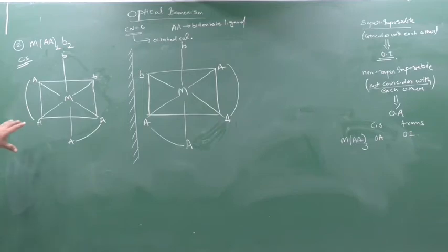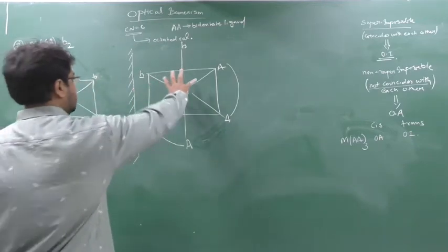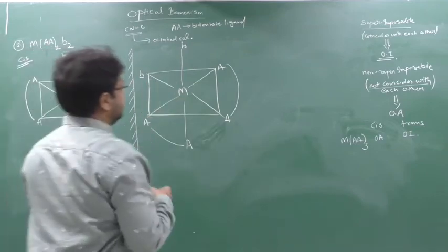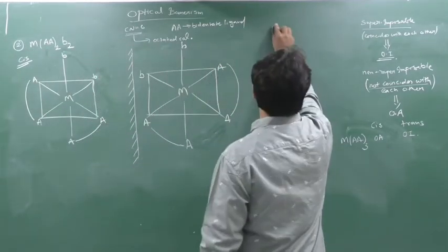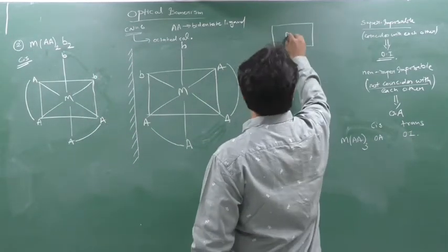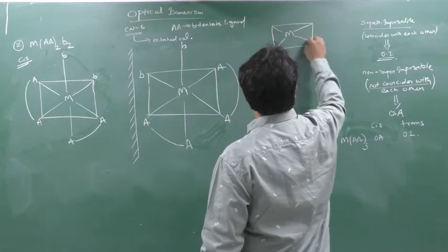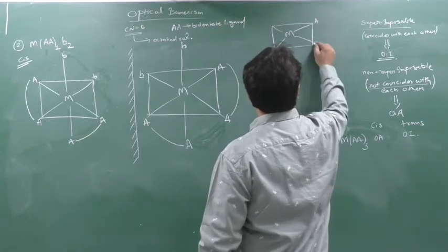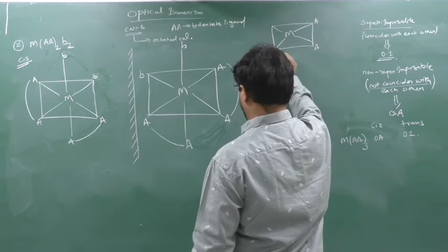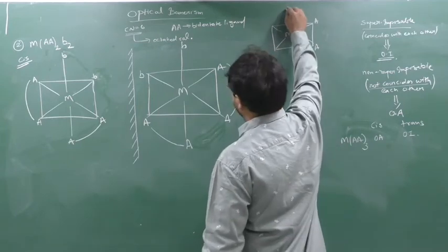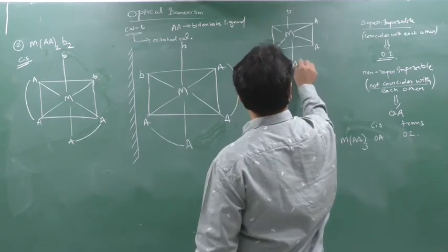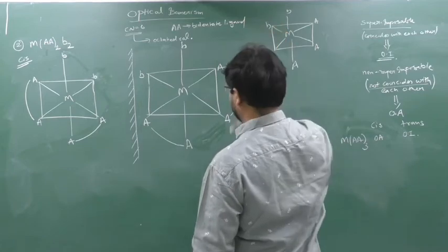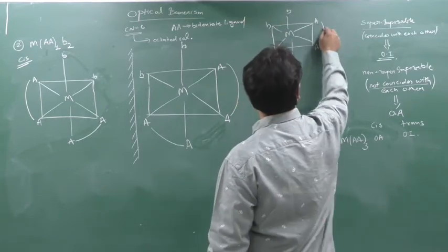Clear? Now see this. When you hold this and put it on this, they are non-superimposable. Yes or no? See beta, see. This is the image. This is A. This is B, this is A, this is A and this is B. So this is the image.